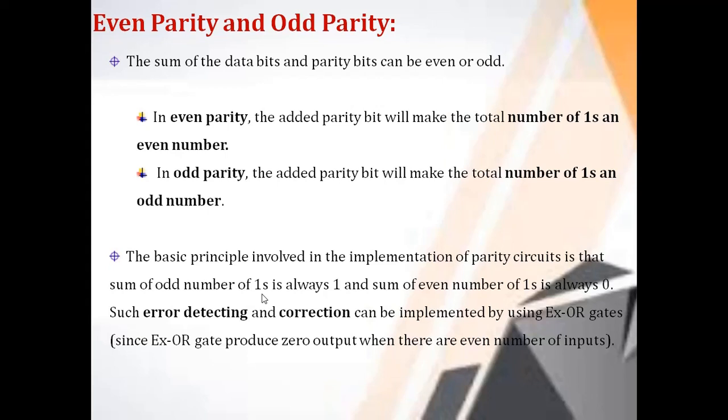Listen carefully: the sum of an odd number of ones is always 1, and the sum of an even number of ones is always 0. Such error detection and correction can be implemented by using XOR gates. So this is called even parity and odd parity.